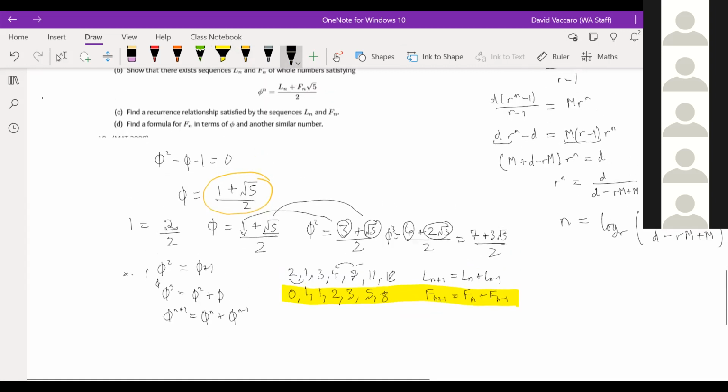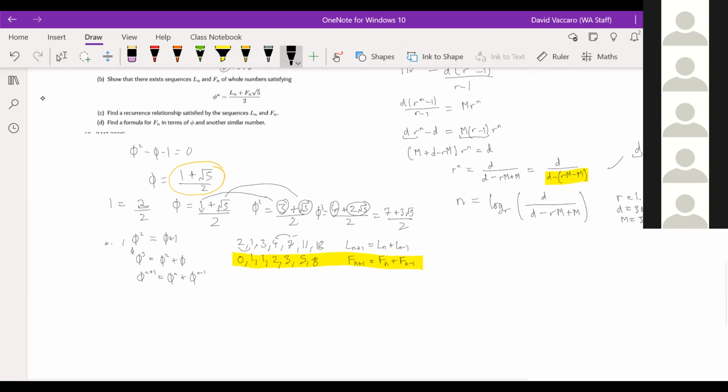So we've got that the golden ratio to the power n is some sequence of numbers, which I'll call Ln, which are actually like the Fibonacci numbers' little brother. They're called the Lucas numbers. And then we're adding a Fibonacci number times root 5, all divided by 2. Now, any offers for how we can get rid of the Lns?